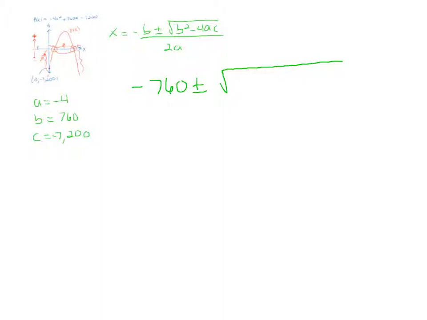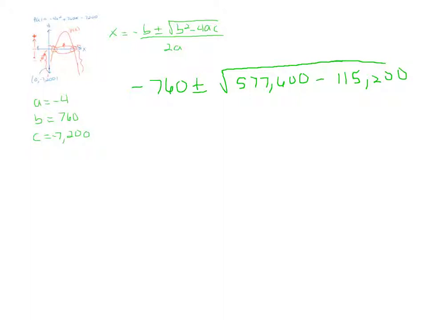So 760 squared is going to be equal to a very large number, 577,600. And then we're going to subtract from that negative 4 times a, negative 4 times negative 7,200, so that's a minus 115,200.